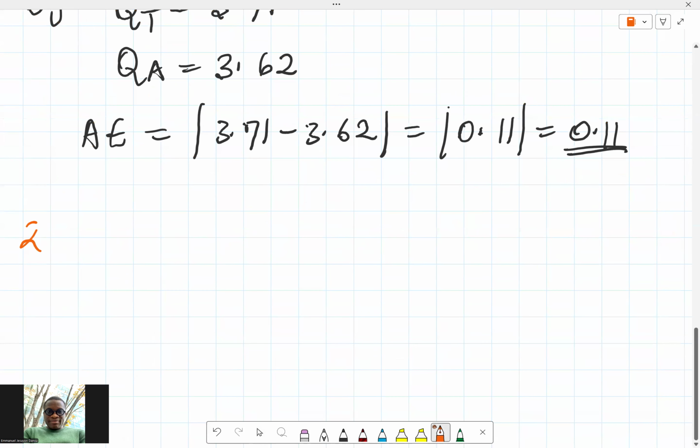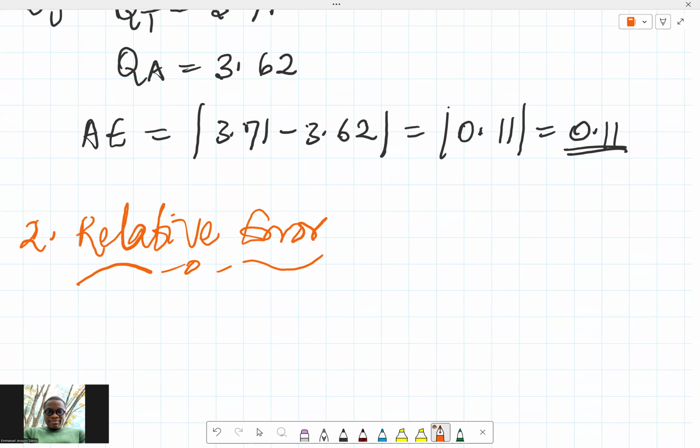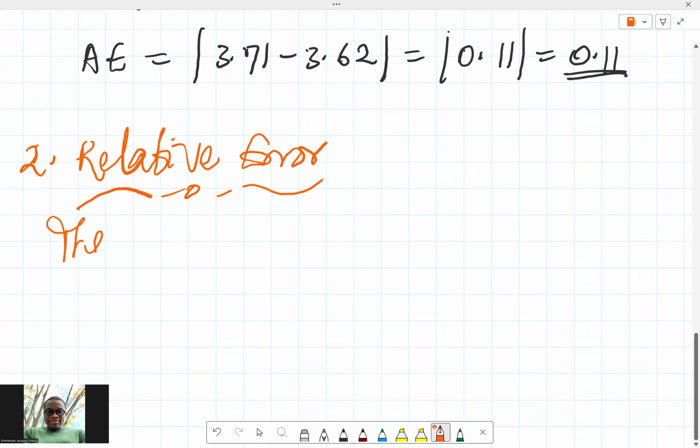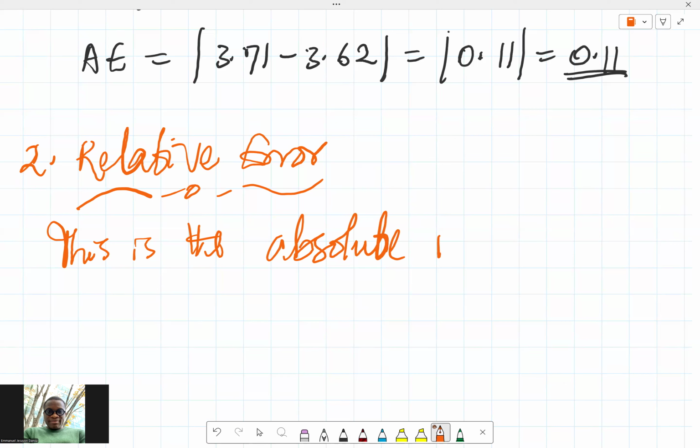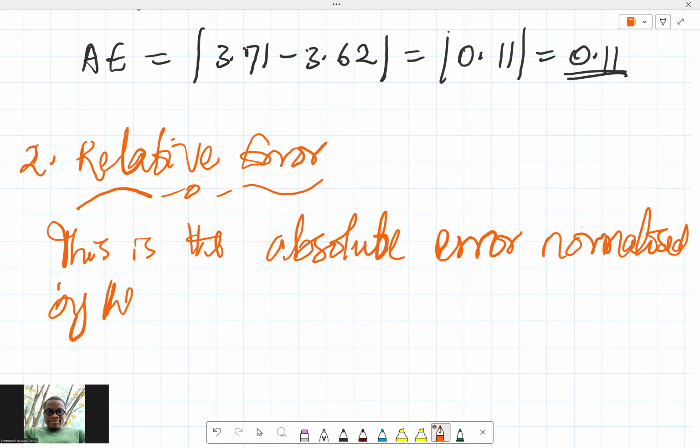Now we have the second type of error, which is called the relative error. We've talked about absolute error already. The relative error is the absolute error normalized by the true value.